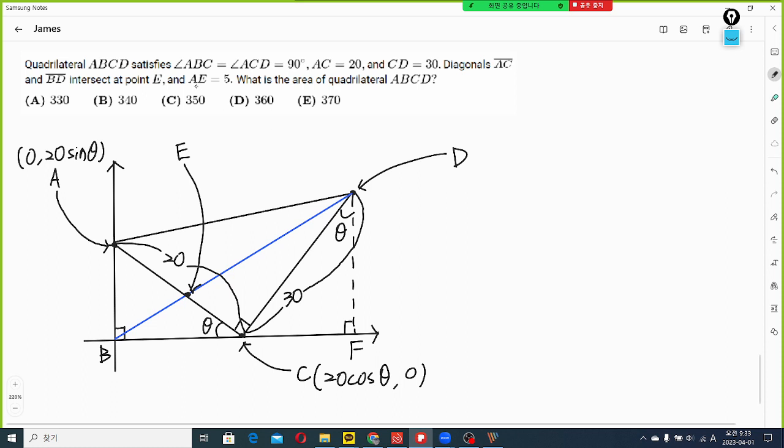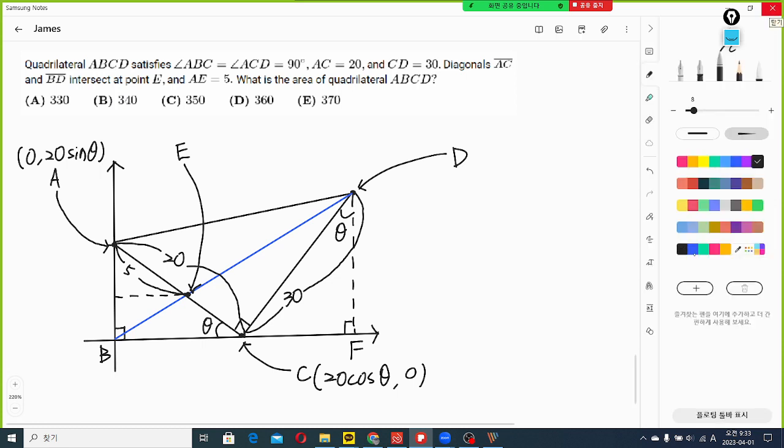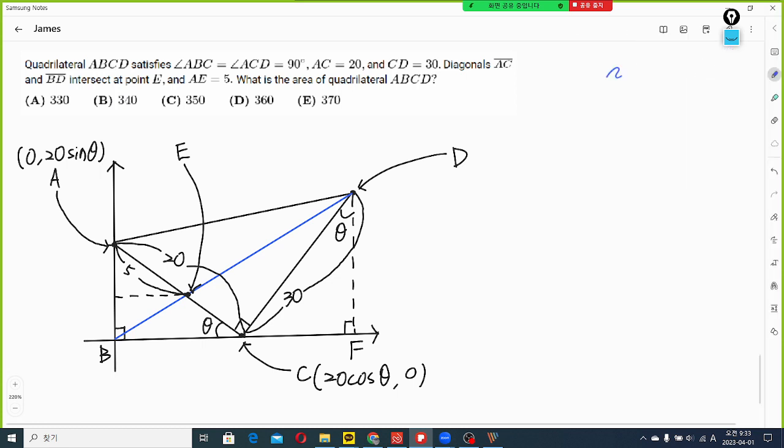And the length of AE is 5. And this angle is also theta if we make the parallel line.